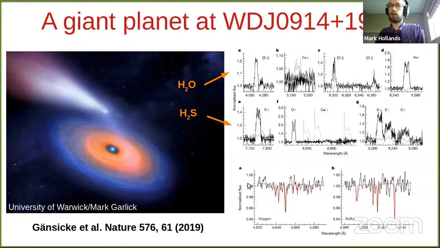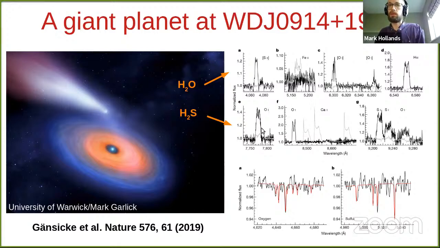You also see oxygen and sulfur in the white dwarf atmosphere. You can't see the hydrogen because there's already hydrogen there, but we're trying to compare what kind of material can be accreted that only has these three elements.